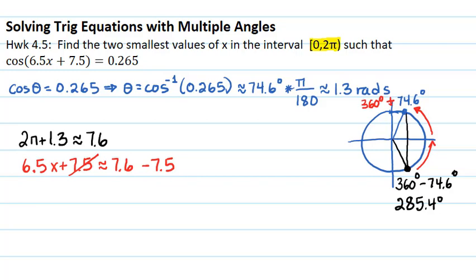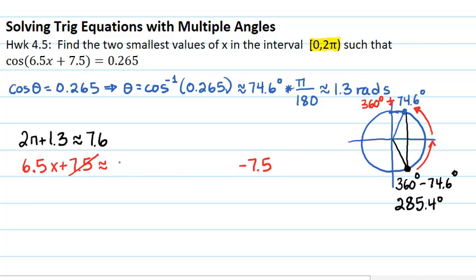Now, the 7.6 is an approximation, it is not really the exact answer for the value of theta that works. So what I'm going to do is replace this 7.6 with the expression that gives me the exact value. These are irrational quantities, so I just need the expression.